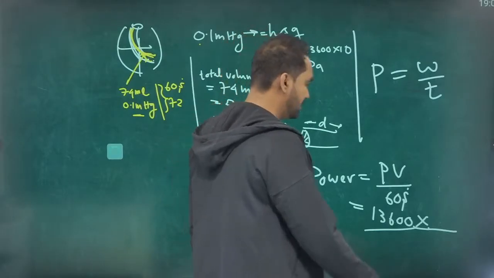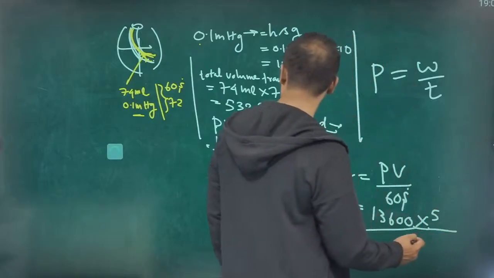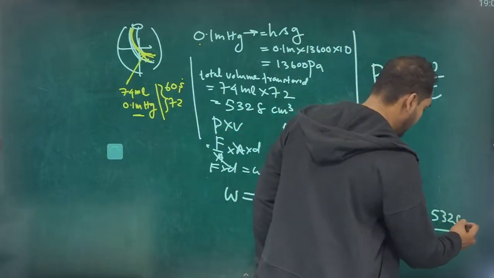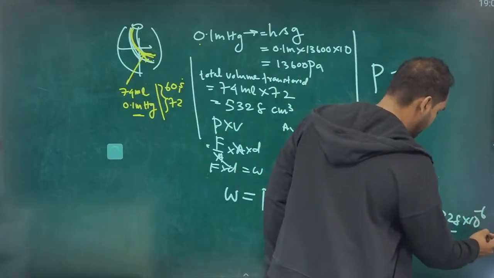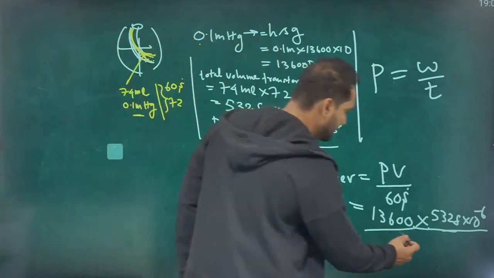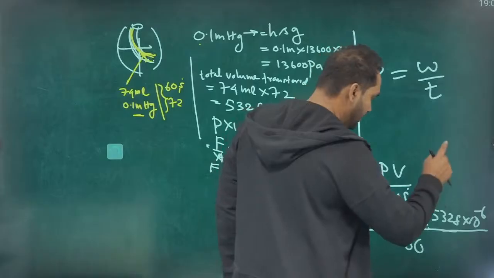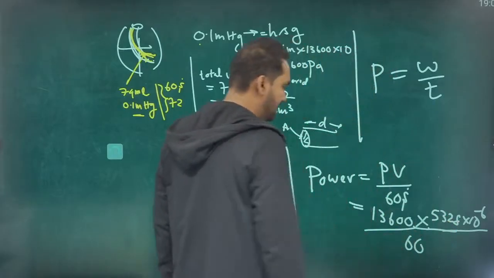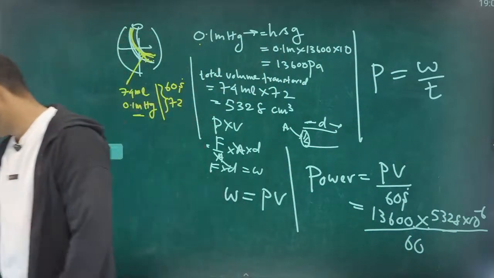For that, you have to multiply this by 10 to the power minus 6. 5,328 times 10 to the power minus 6. And you have to divide it by 60 seconds. So this is P, this is V, that is work, this is T. This should give you the answer.